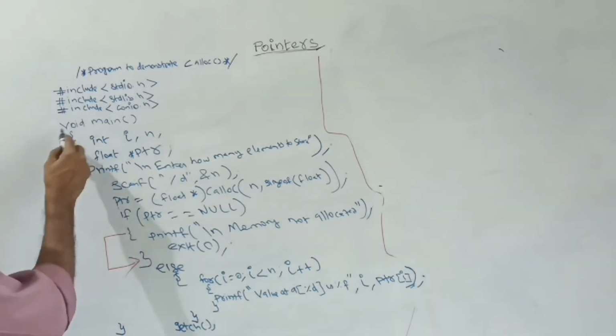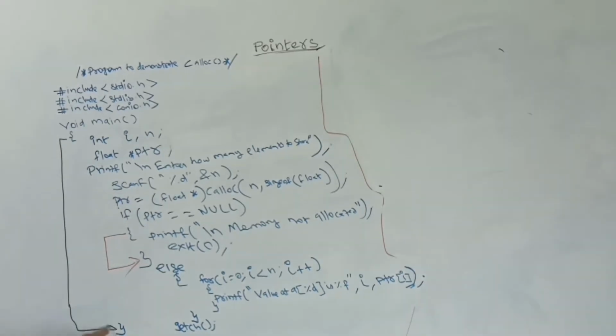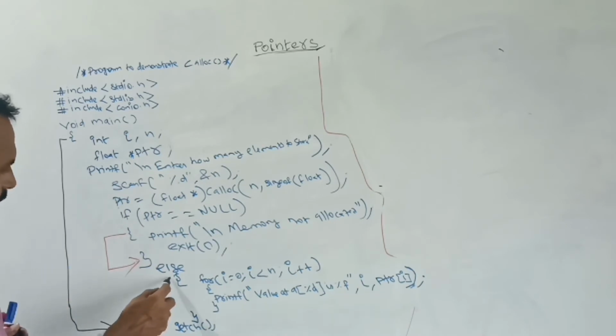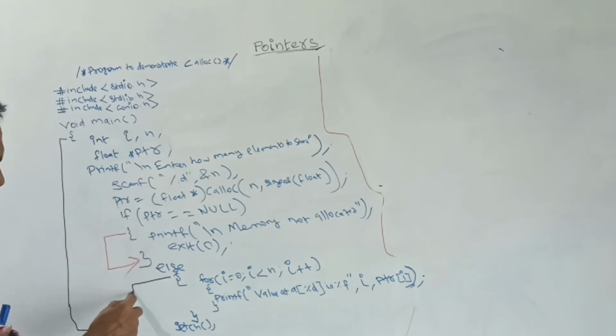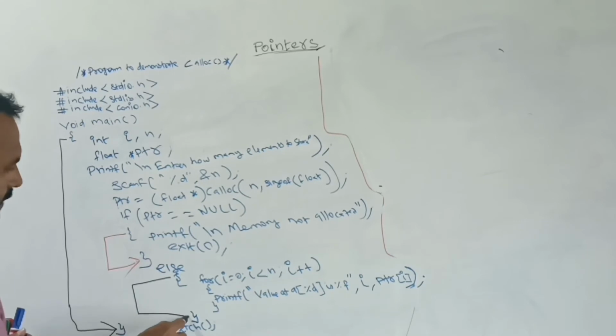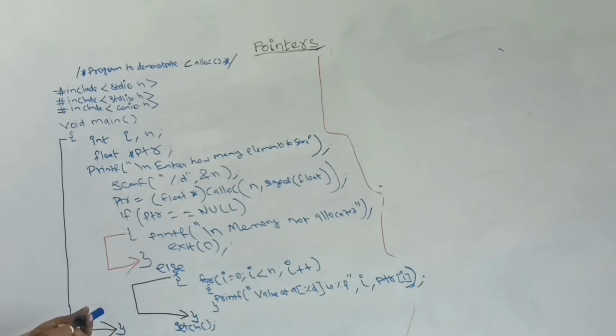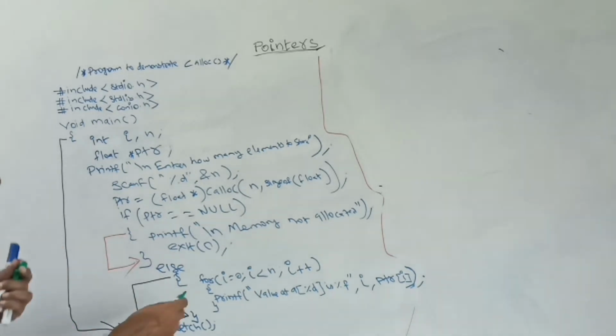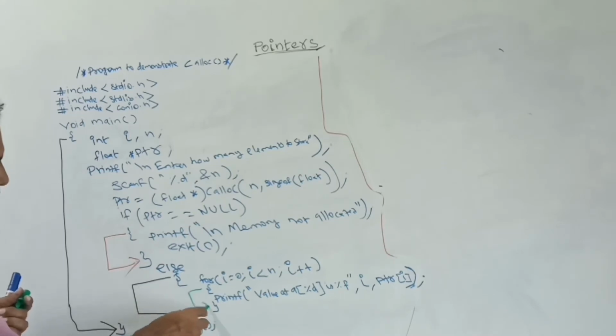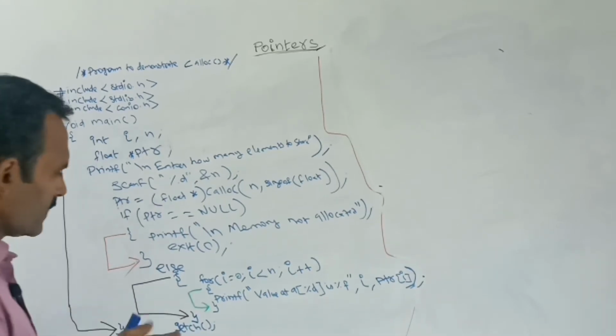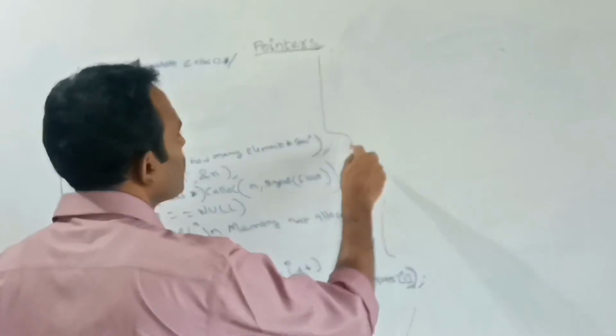Here main, open brace, here close brace. Next the if condition, next the else part, this else part starts here and ends here. Inside this else part, here is a for loop, open brace and close brace. See, now let us see the output.